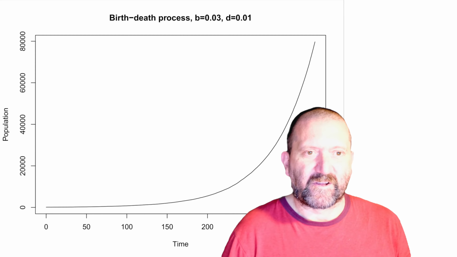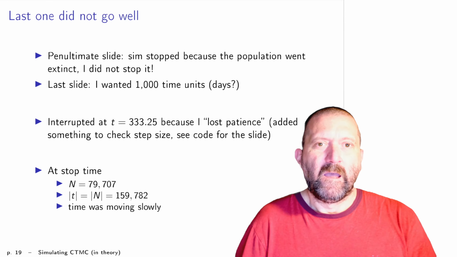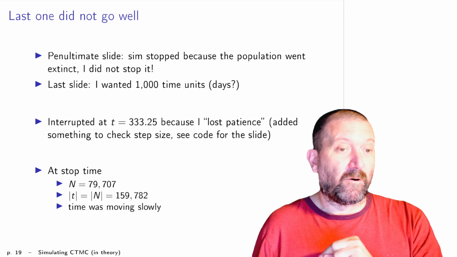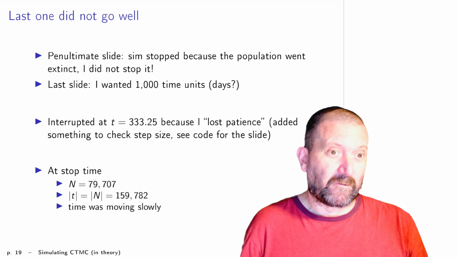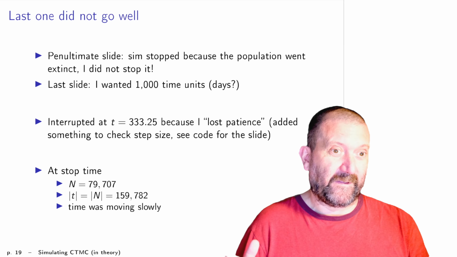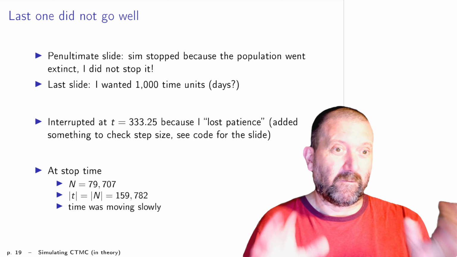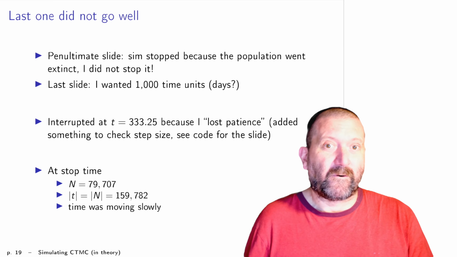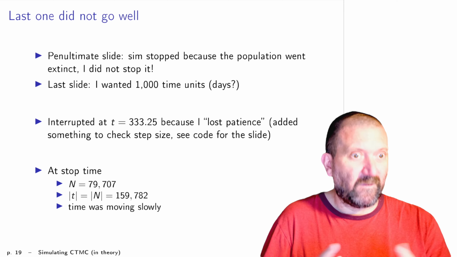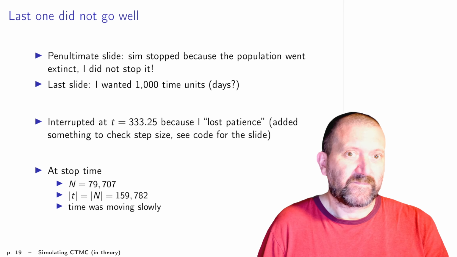And let me point out what's happening here. Let me show you. So the slide before that slide I just showed you, the population went to 0. And remember, we have encoded that if the population is equal to 0, the loop stops. So that's why it stopped. But on that last slide, I wanted 1,000 time units.